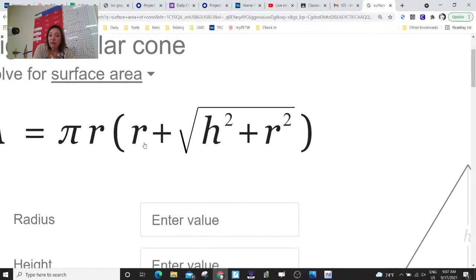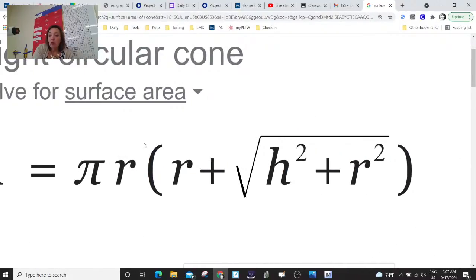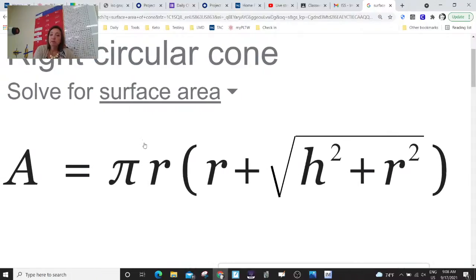If you look at number 4, what is R? 3 inches. What is H? 6 inches. Surface area of a cone. All you have to do is plug those numbers in.